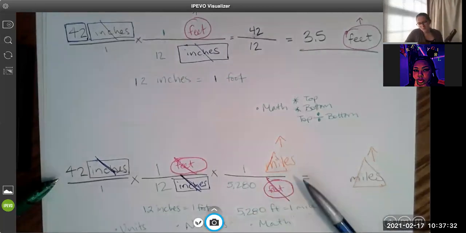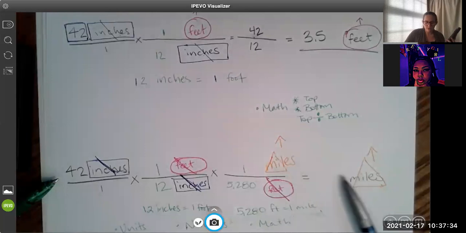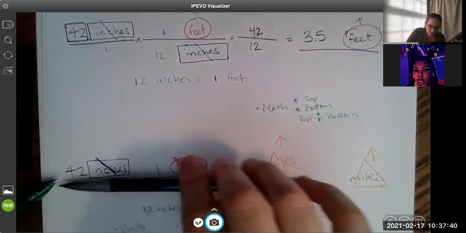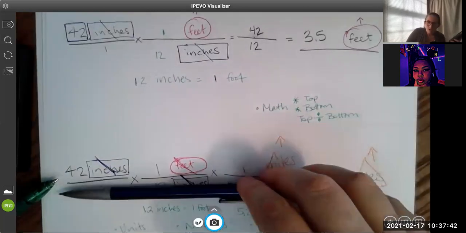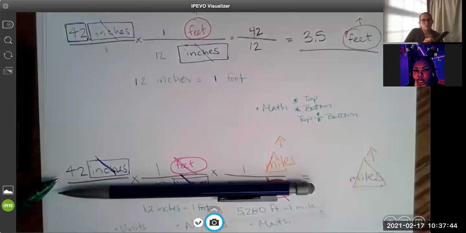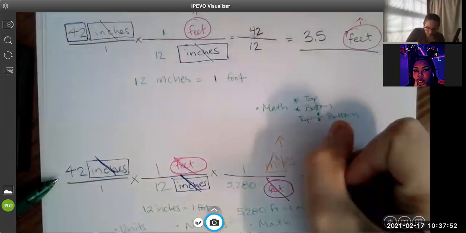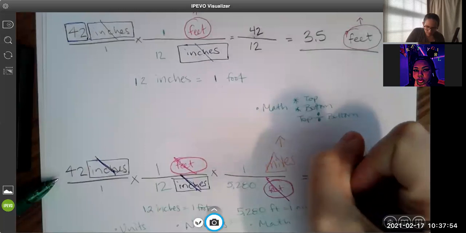That miles will stick with us into our answer. Some number of miles. How about the numbers? Which numbers are on top of this fraction? 1, 42. Great. Multiply them across. 1 times 1 times 42 is 42. All right. Great.